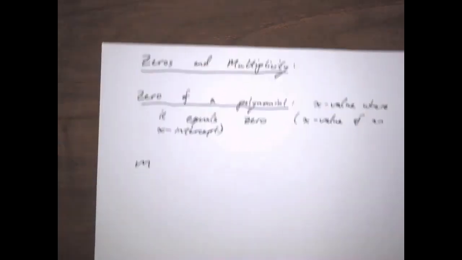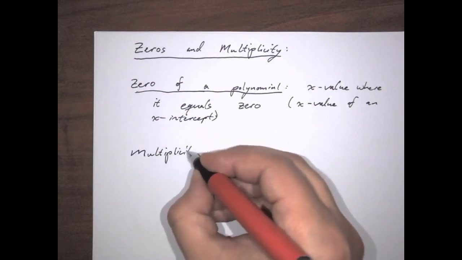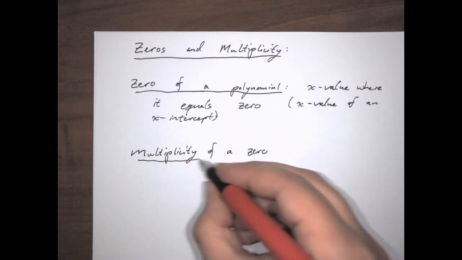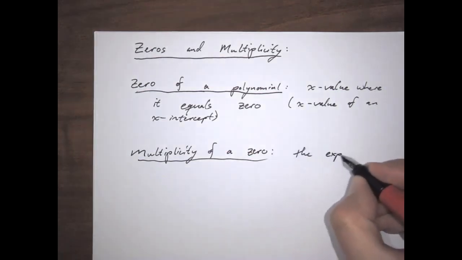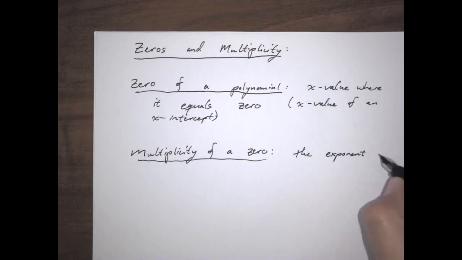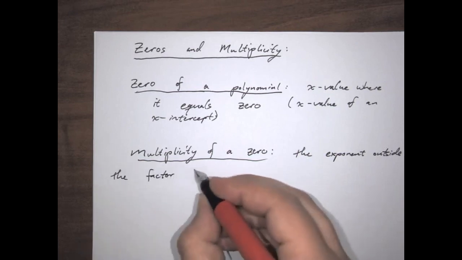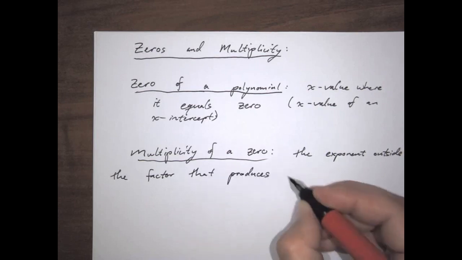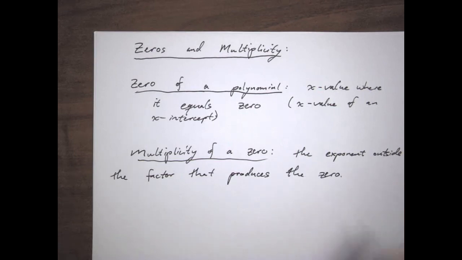Then the multiplicity of a zero is the exponent outside the factor that produces the zero.